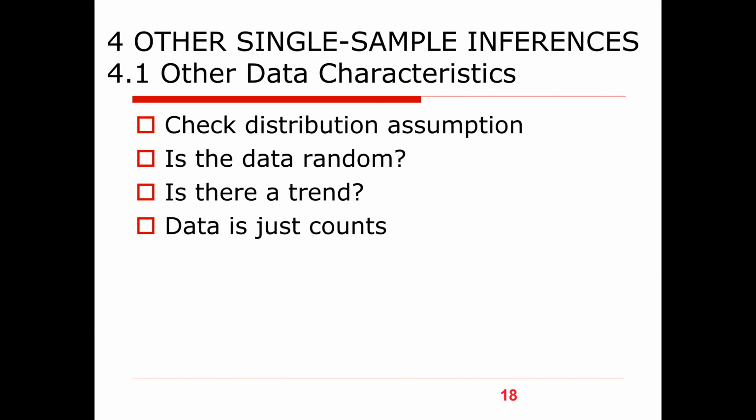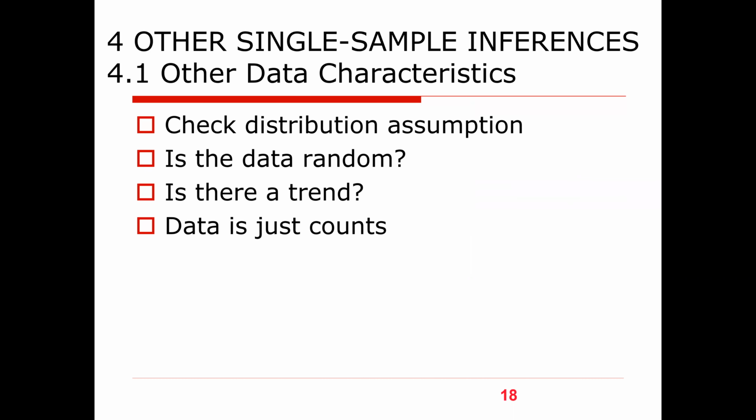So chapter 4 is about other single sample inferences. Why do we need other inferences? Because sometimes there are other characteristics in our data, or sometimes we demand other findings from data analysis, such as checking distribution assumptions, if they are from specific distributions or distribution families.